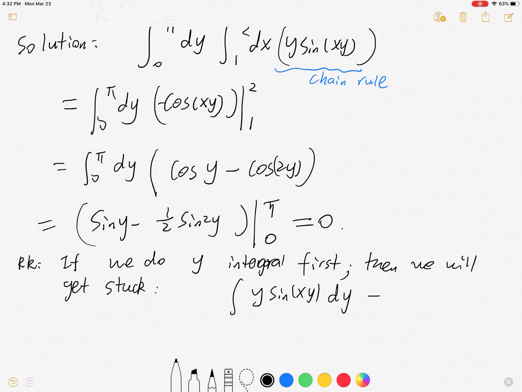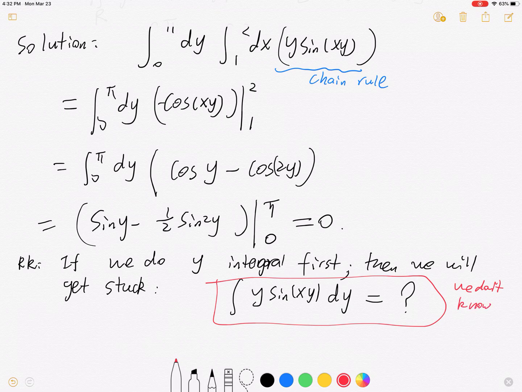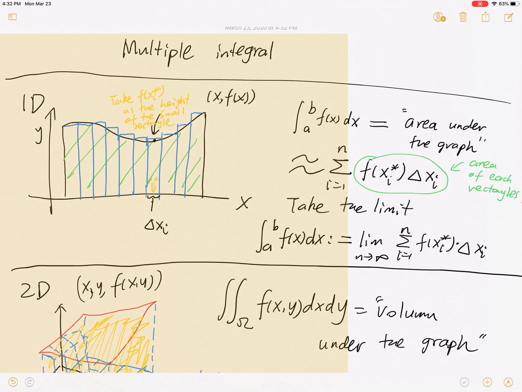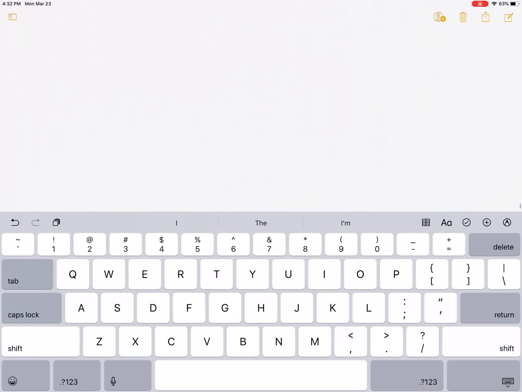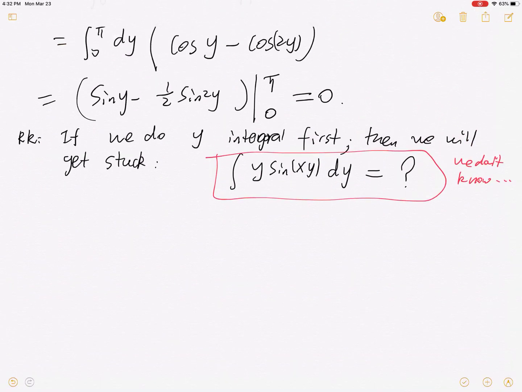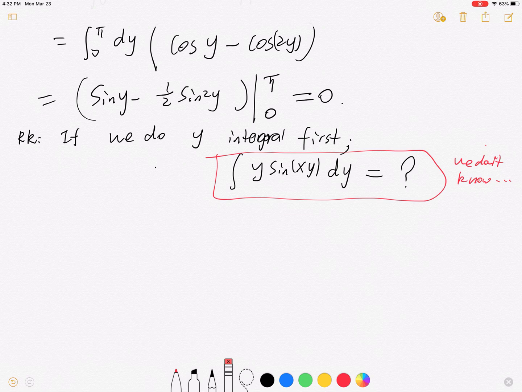You could do integration by parts, actually you can solve this, and I will show you, but probably you spend more time. So it's not stuck, just harder.